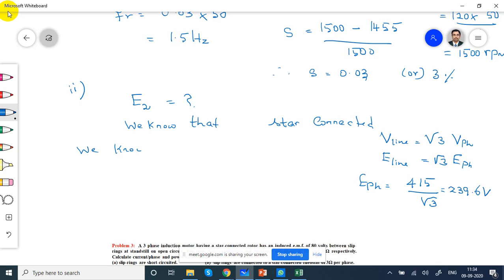Okay, so we know the transformer ratio. Transformer ratio K equal to E2 by E1. This is the transformer ratio formula.